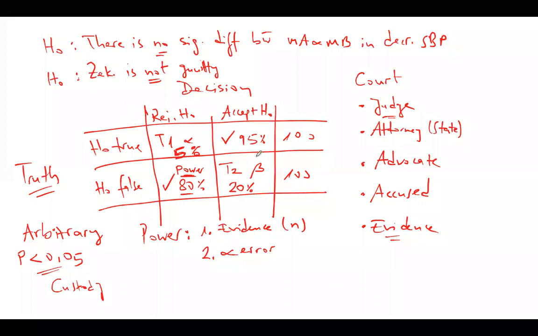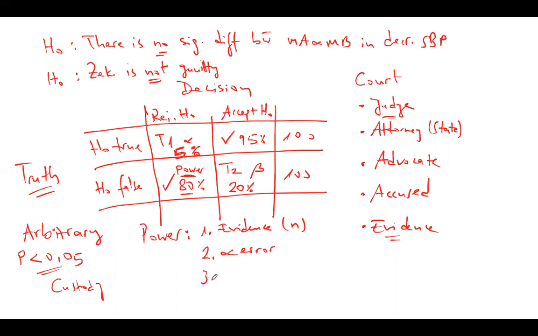If you are a judge who claims that he will not let any guilty person go, beta error will increase? Yes, these are also an inverse relationship. If you decrease the alpha error, you will increase the beta error. So the power will decrease. We have an inverse relationship between alpha error and the power.